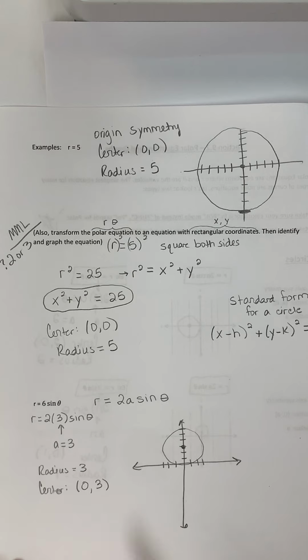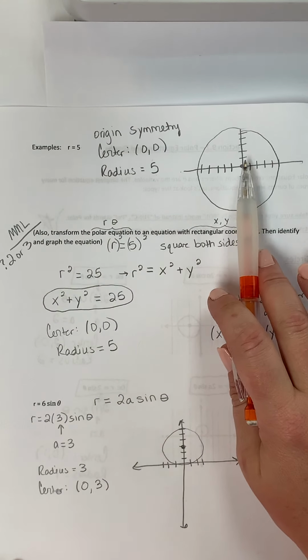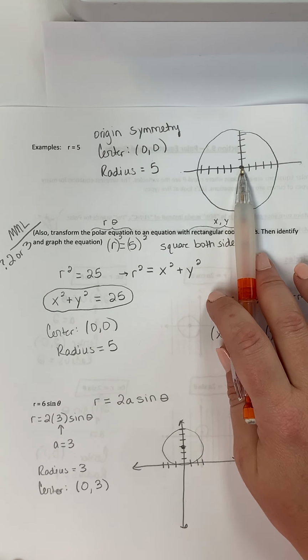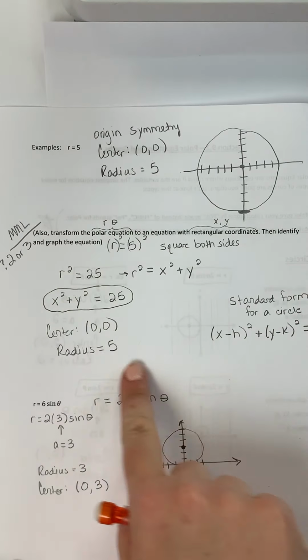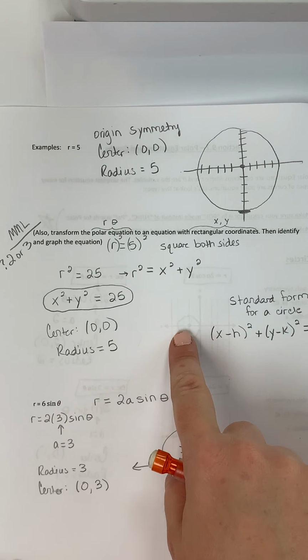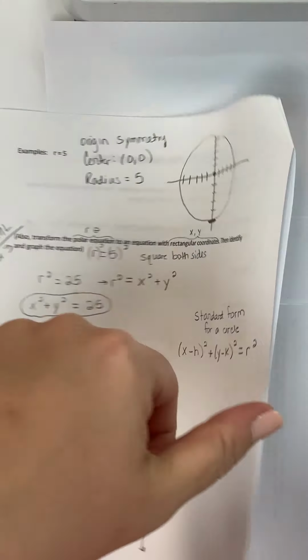You have the 2a cosine theta, that's x-axis symmetry. And you have r equals a number, which is going to be origin symmetry. Your center is here at the origin, and that number is your radius. And then this would be how you would go about changing it to a rectangular equation. Okay, so that was our first type.